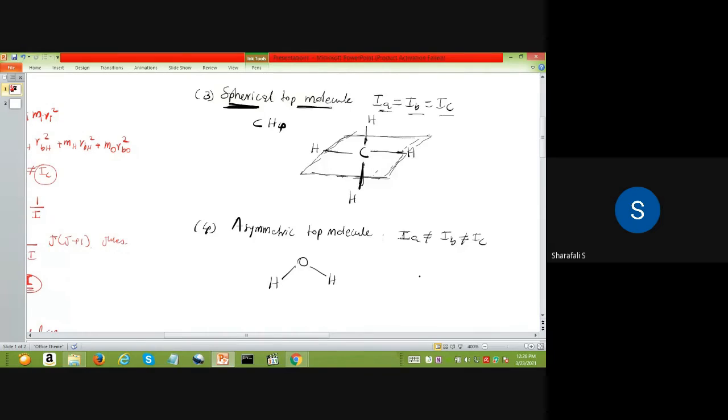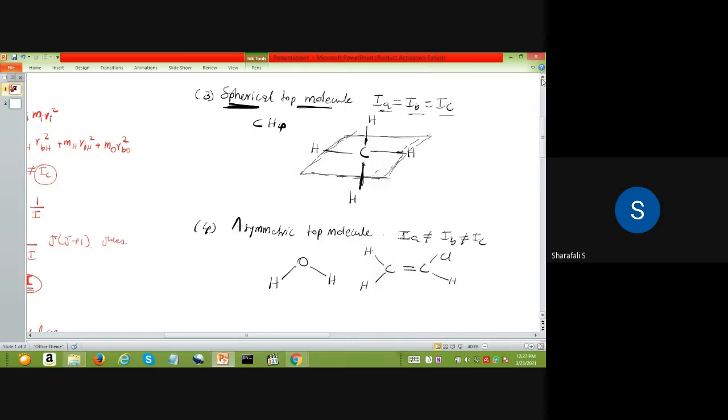And another example is, I think, formaldehyde.